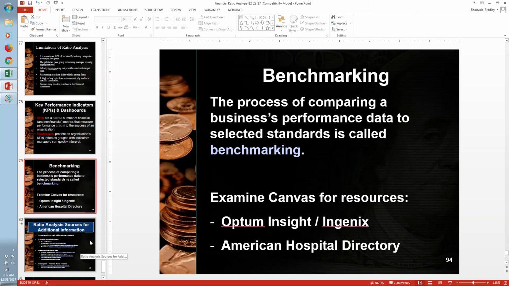And to the issue of benchmarking, I've posted a number of different resources on Canvas for your use and enjoyment. I also have access to the American Hospital Directory, AHD, as well as the American Hospital Association data that we basically renew every year.